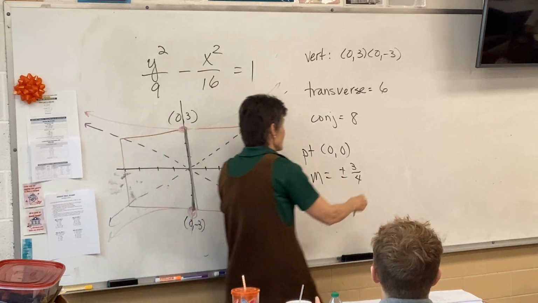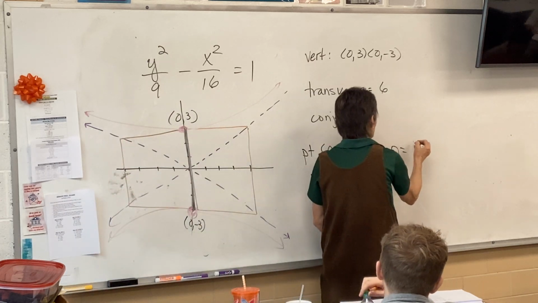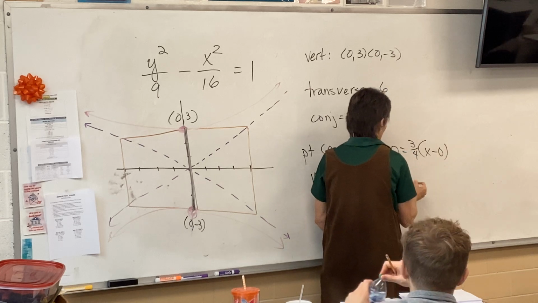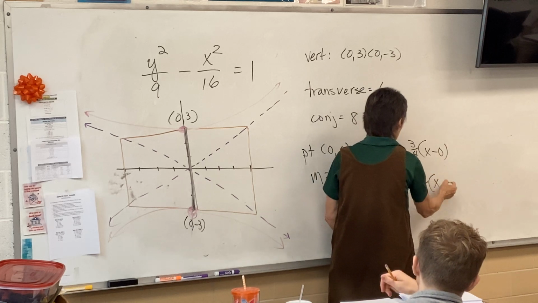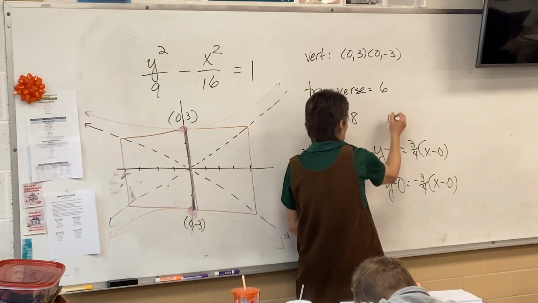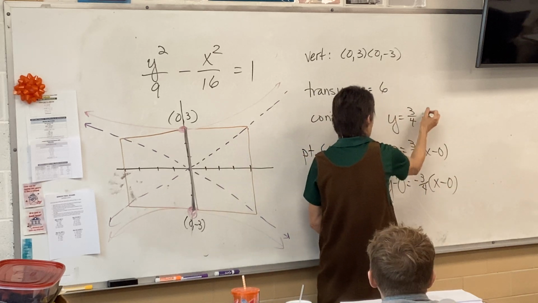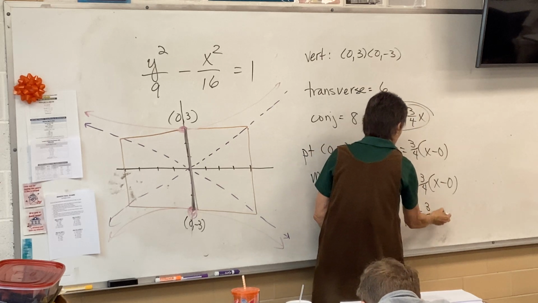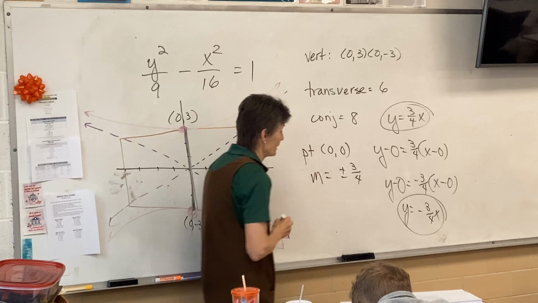Now write my equations. y minus 0 equals 3/4 times x minus 0. Now I'm doing these separately because we're going to have to in our next example. With all these zeros, you wouldn't have to do that, but I am because I know I'm going to have to next time.